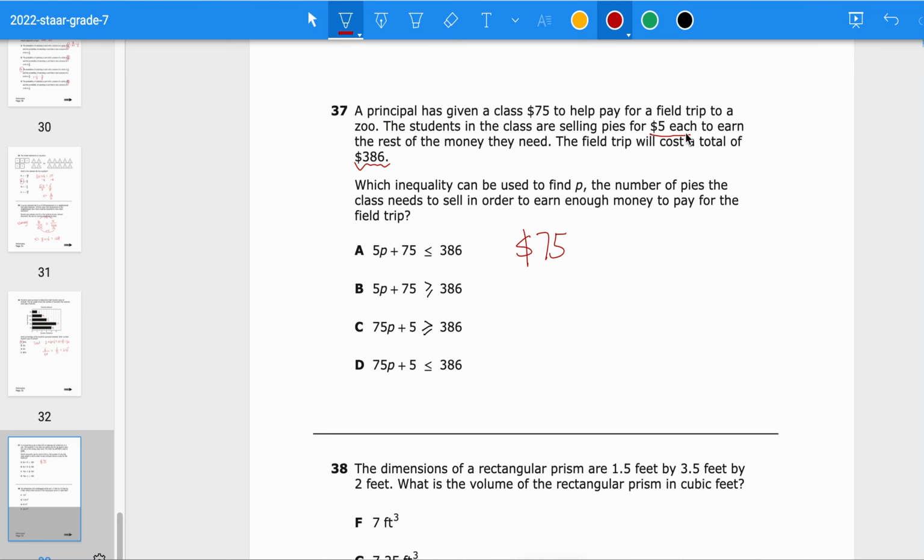The pie is $5 each, and we call the number of pies P. That is 5 multiplied by P, because it's $5 each, and we have this quantity P as the number of pies. And them together has to be greater than or equal to 386, right? Because the total cost will be 386. So they need to earn this much money to support their trip. Let's see which inequality is the same as we wrote. B is the same one. 5P plus 75 is greater than or equal to 386.